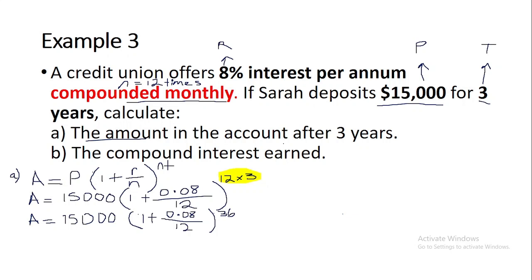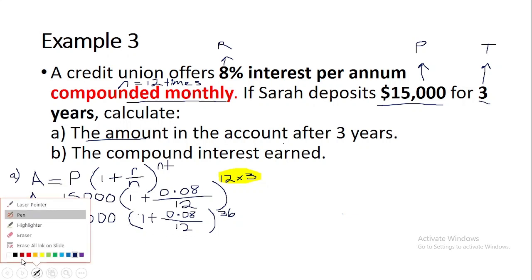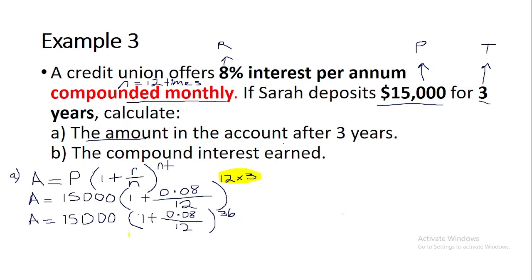In this example, I want to be as accurate as possible, so using my calculator, I'm going to find out what all of this is equal to. But if you're not using your calculator, you can do it like the example before, where you find what 0.08 over 12 is and round it.